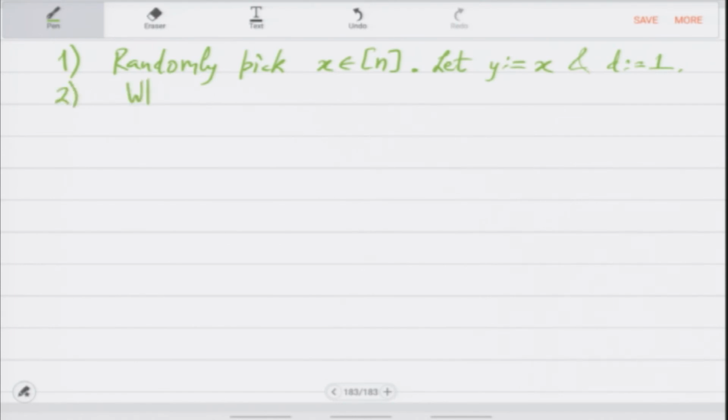The algorithm, as I said, randomly picks a starting point x. And let's take another variable y, set it equal to x, and let's set a third variable d to be 1. Then there is a kind of an infinite while loop.